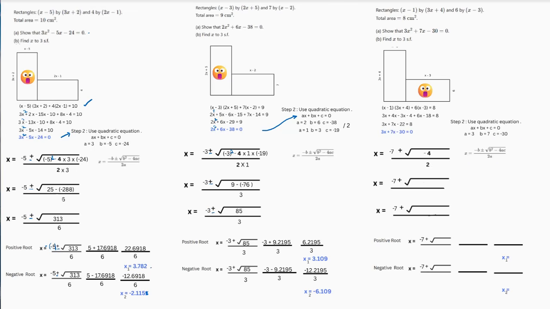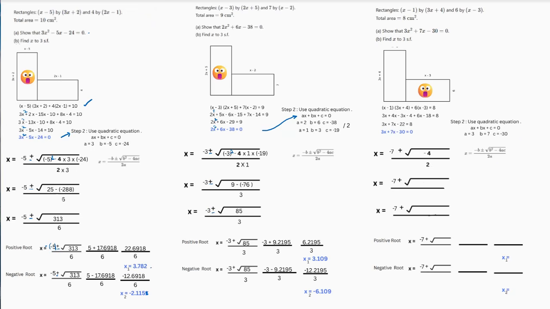Now we need our 2 solutions, positive root and the negative root. So let's work on our plus. So we have negative 3 plus 9, and it's staying as a negative, remember, because our B, should I say, is a plus.